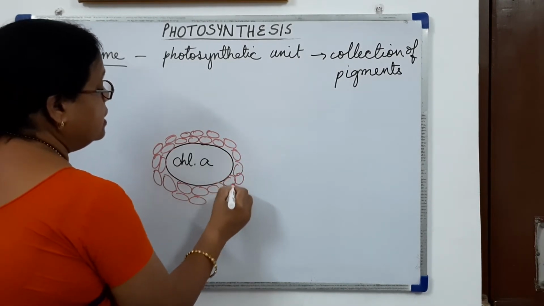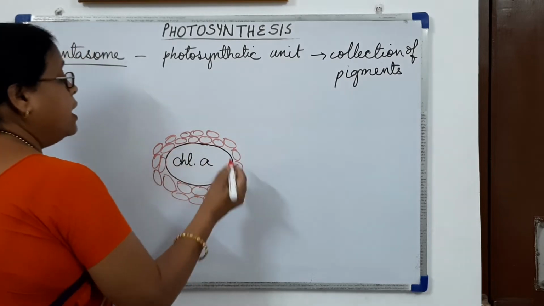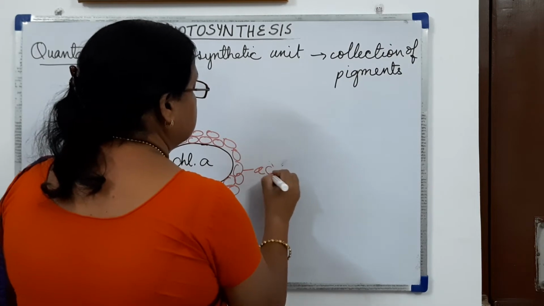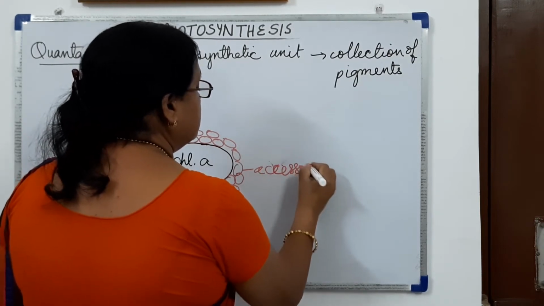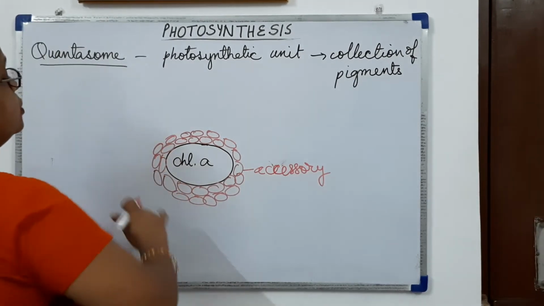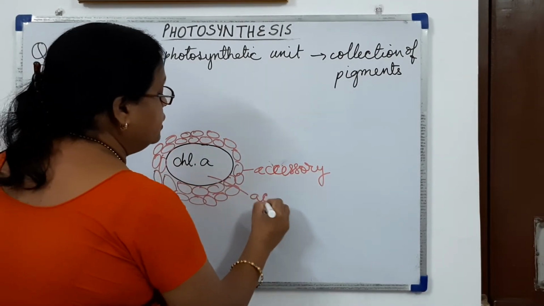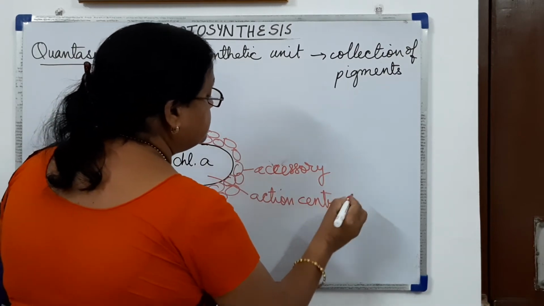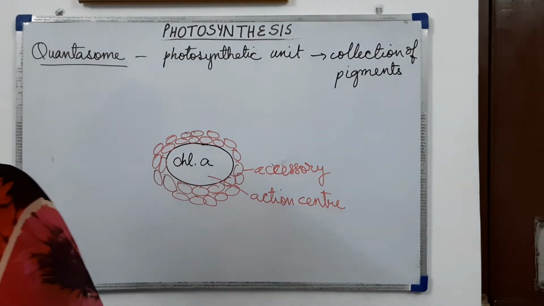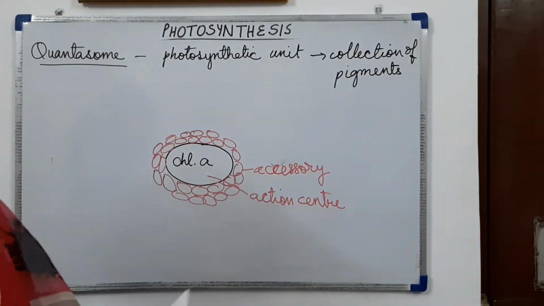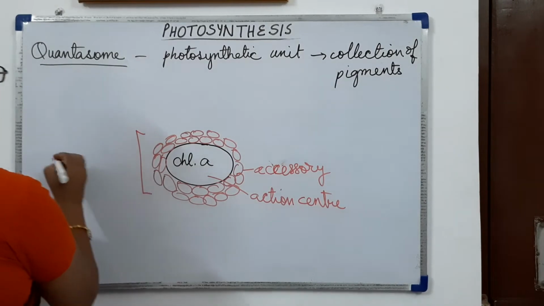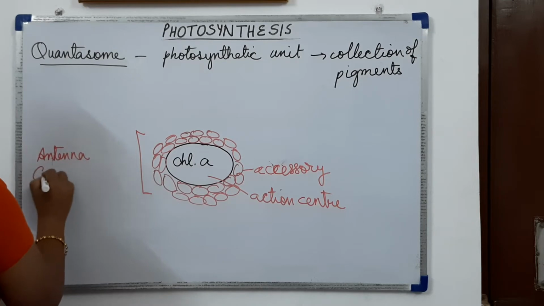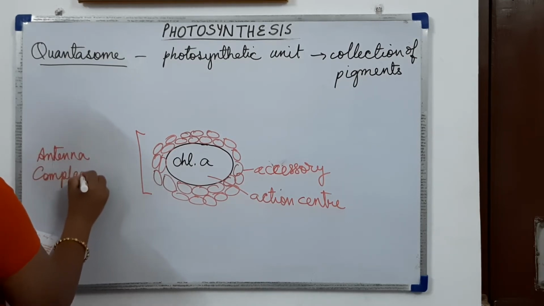So these are the accessory pigments which are associated with the quantasome, and this is the action center. Chlorophyll A is the action center. It is also called the antenna complex.